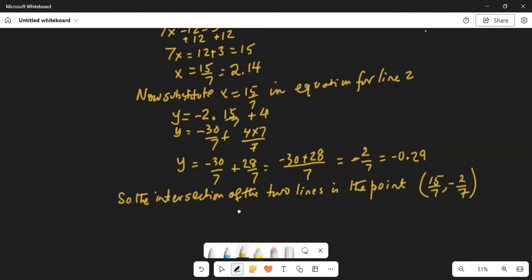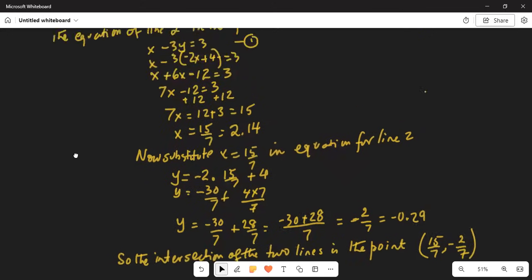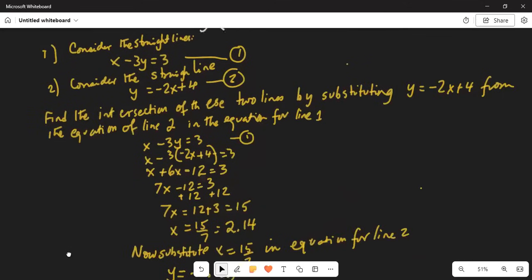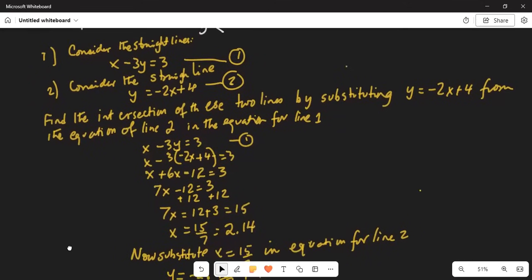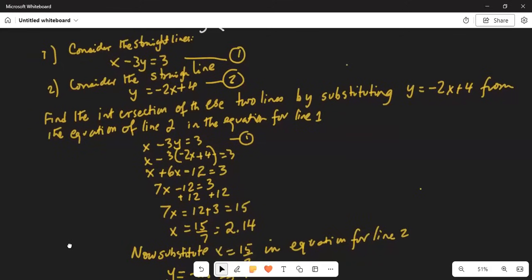Okay, so we know that. Now, let's again consider those two equations. So the equations are x minus 3y equal to 3 and y equal to minus 2x plus 4.